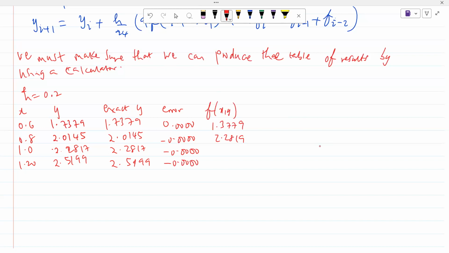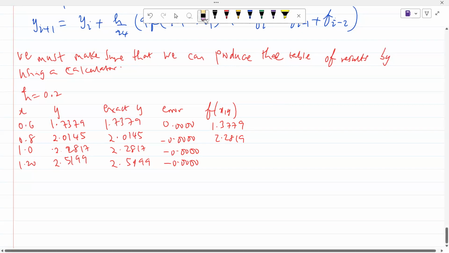In the exam there is no computer algorithm that is going to be used. So it's very important that one is able to use a calculator.